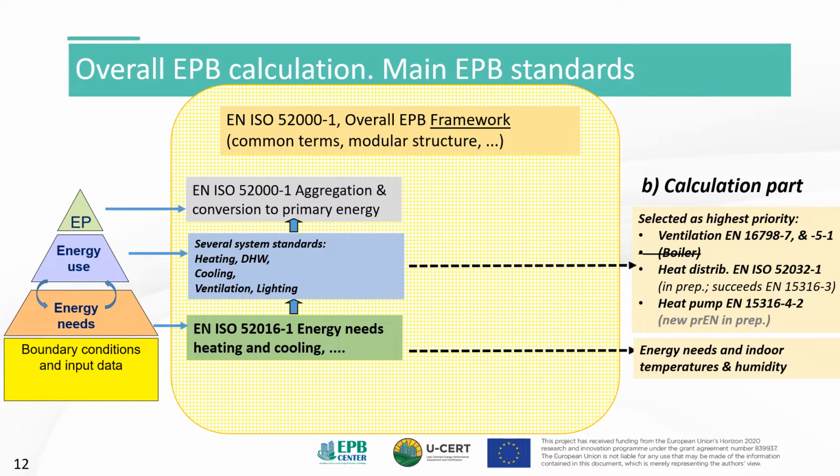So we have the single standard for the calculation of energy needs and temperatures, and also humidity. And we have selected as a highest priority for the systems the two ventilation standards on airflow and ventilation systems, also the standard on heat distribution and a standard on heat pump systems.